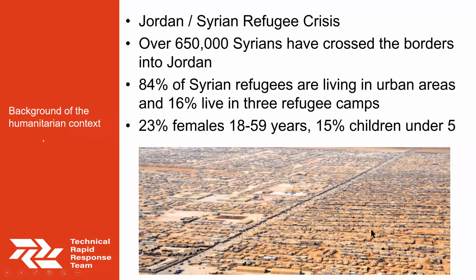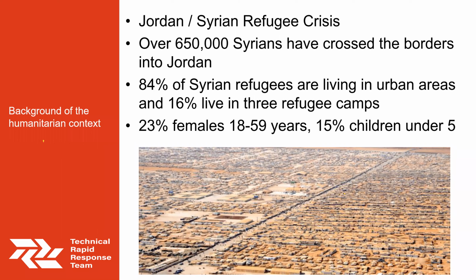84% of the refugees are living in the host community, and 16% are living in the 3 refugee camps: Zaatari, Azraq, and the Emirati Jordanian camp. Zaatari is the largest one. It opened in July 2012 and is under the joint administration of the Syrian Refugee Affairs Directorate and UNHCR. At some point in 2013, the population in Zaatari reached 203,000, but now it's home to around 77,000 refugees.